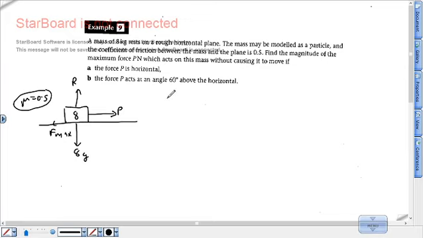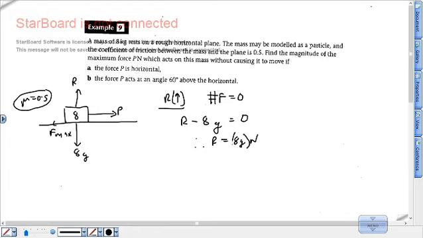So to find F max, we're going to resolve vertically, upwards is positive. In the vertical sense, net forces must sum to 0 because it's certainly not accelerating up and it's not sinking down. So we've got R is positive and the minus force is the 8g, and that equals 0. So therefore R is clearly 8g newtons.